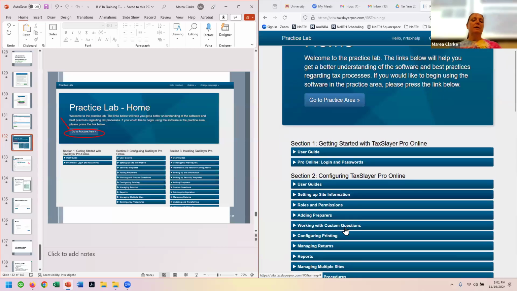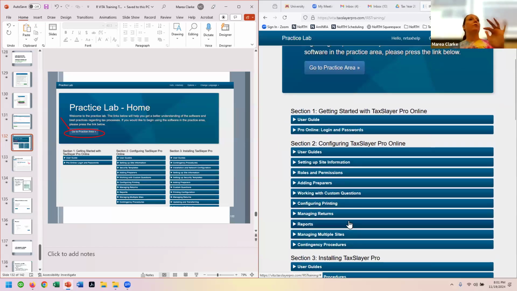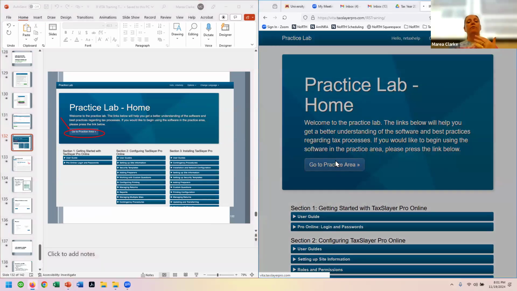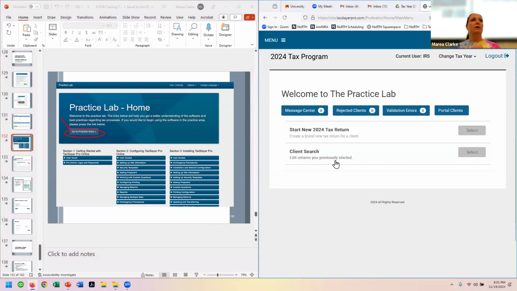Some of this stuff is based on setting up the software for a site using a traditional model, and we're not going to do that. The software that our clients are going to use is going to be very similar to this, not quite identical, but it's going to look very similar.